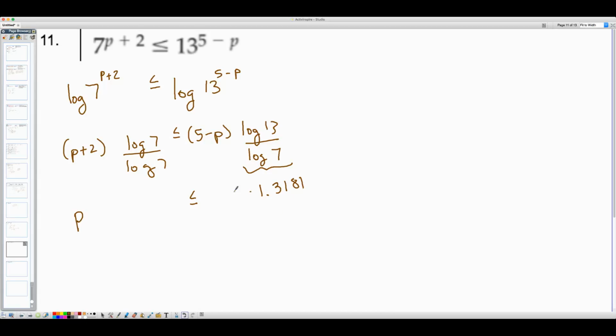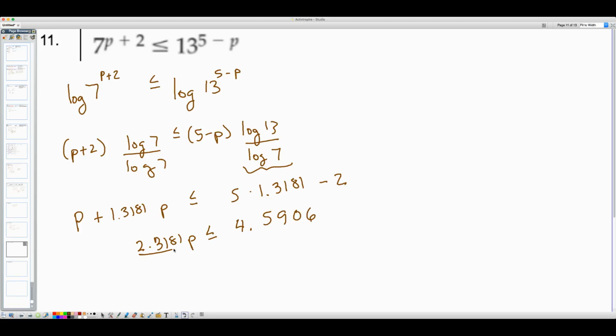If I multiply that times 5, and then I subtract 2, and also add 1.3181p to both sides, I get 2.3181p is less than or equal to 5 times this number, minus 2, which gives me 4.5906.